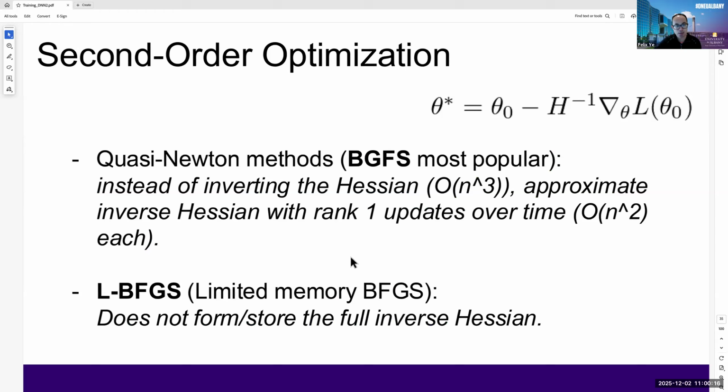So that's why we want to do something like quasi-Newton. Instead of inverting the Hessian, which takes order n cubed, we are going to approximate the inverse Hessian with a rank 1 update at only n squared cost. This is called BFGS.